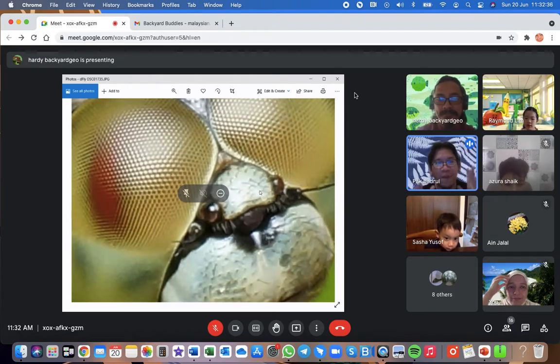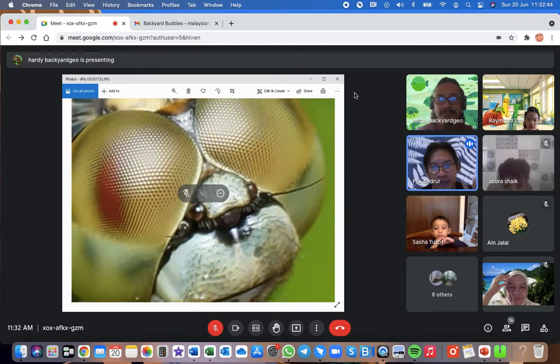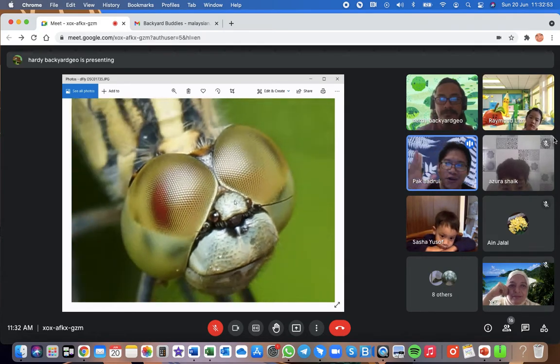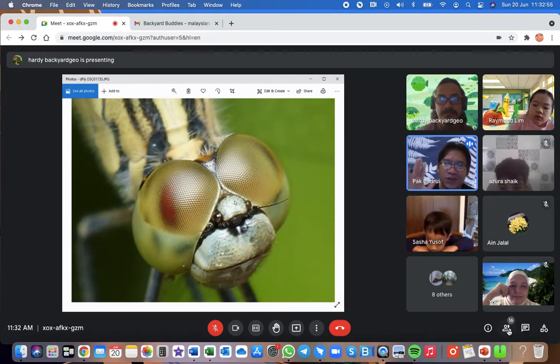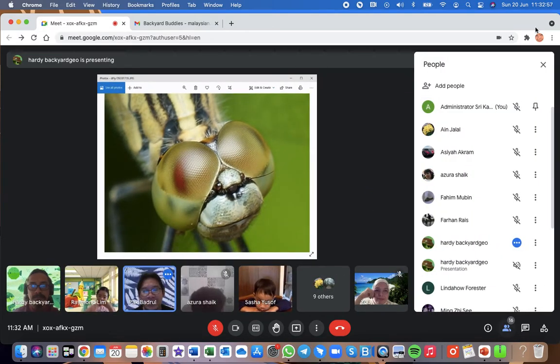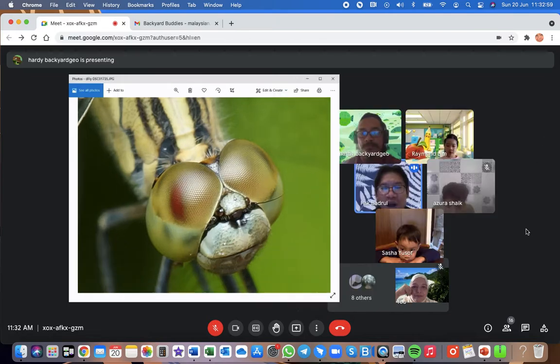Compound eyes are used for sight, but these two simple eyes are not used to see, but to detect the presence of light or dark. So that is the function of the ocelli.